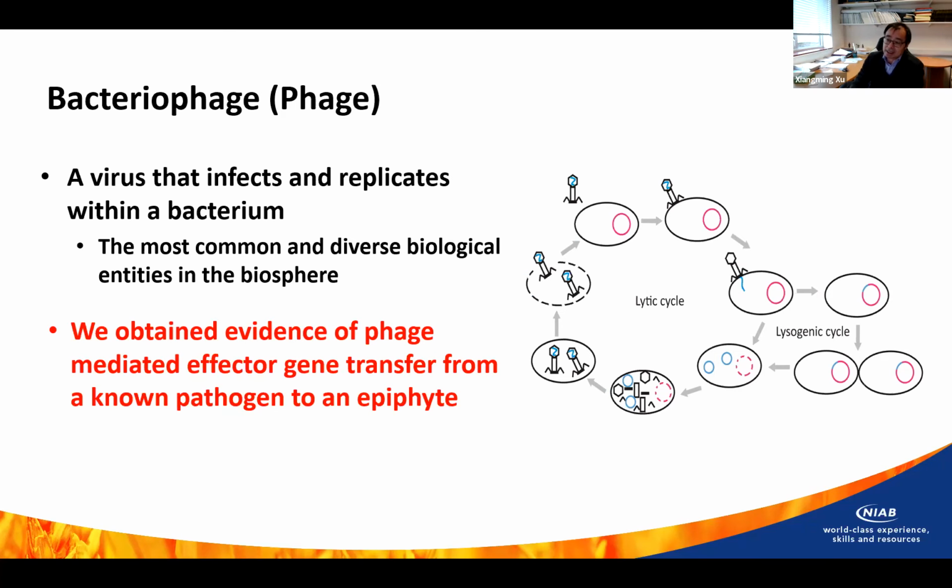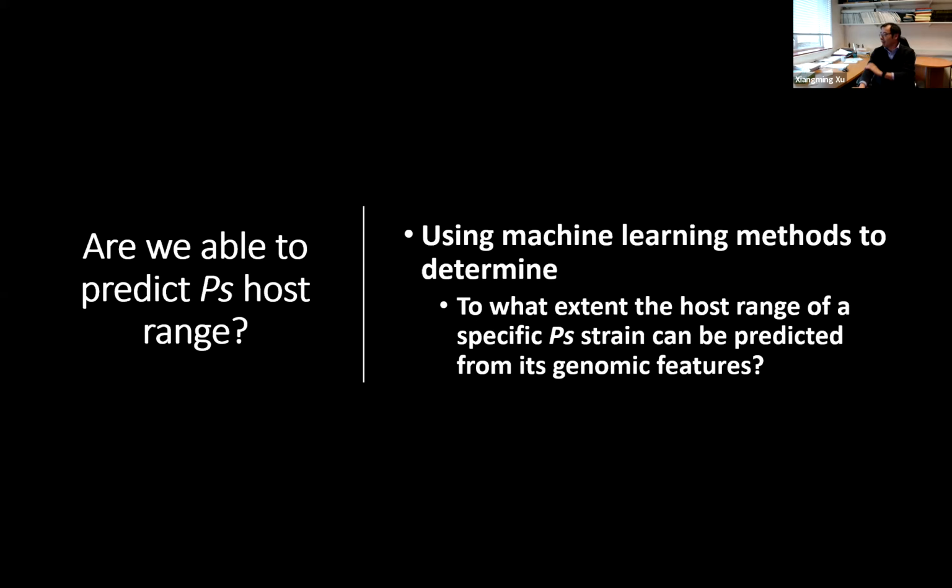Finally, and it's more interesting, nowadays genomic sequencing is so cheap. We also know not every isolate of PS is pathogenic to specific hosts. So the question we ask is: can you use genomic information to predict whether a particular isolate can infect cherry or any other particular species?